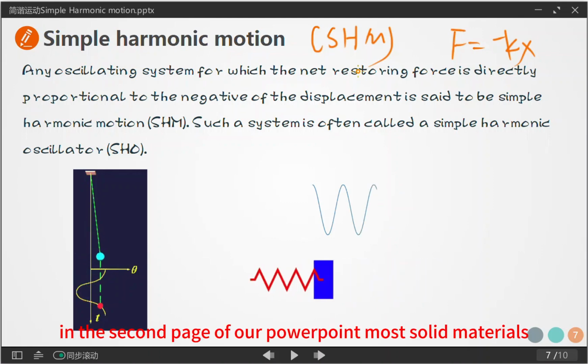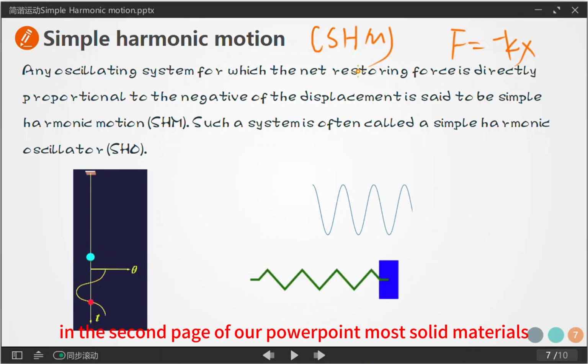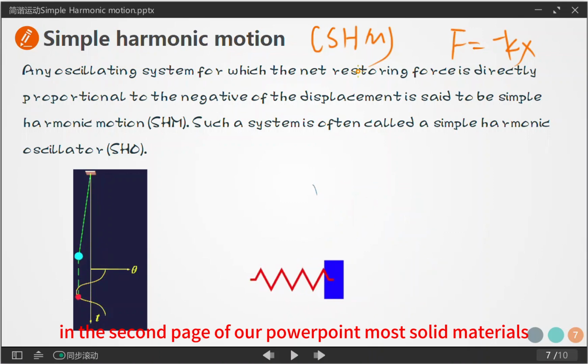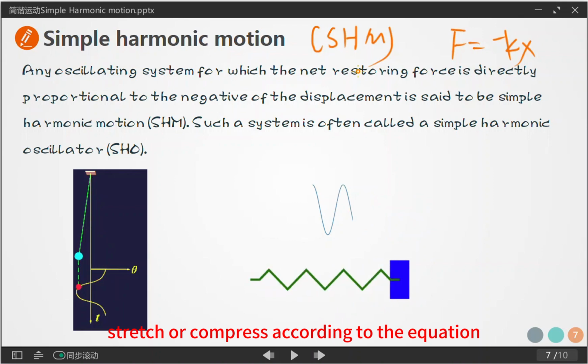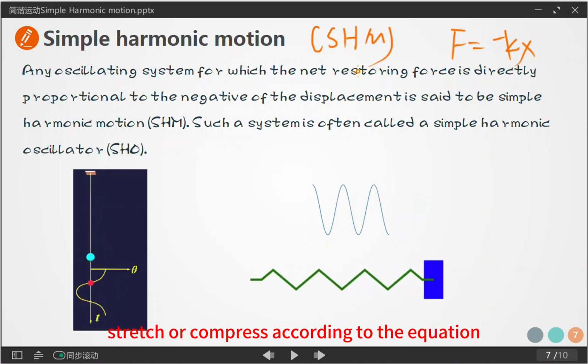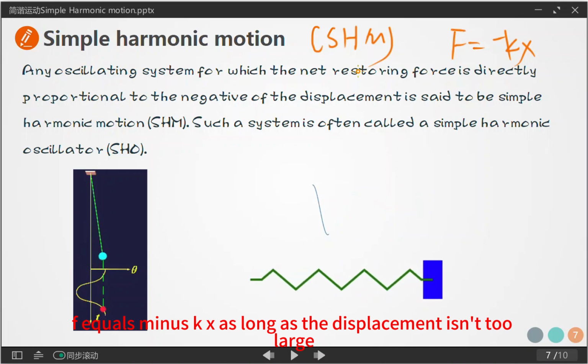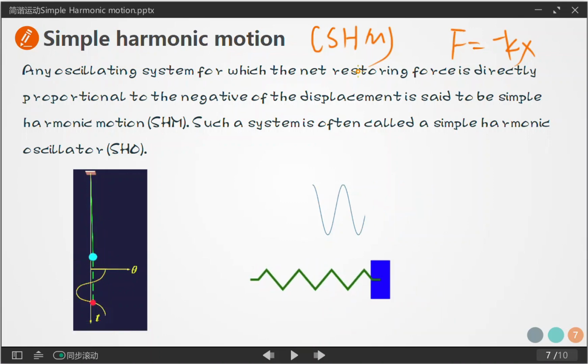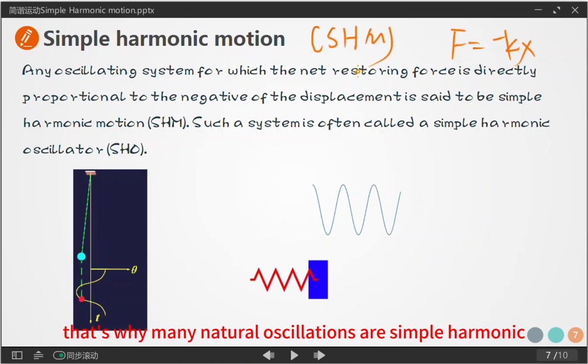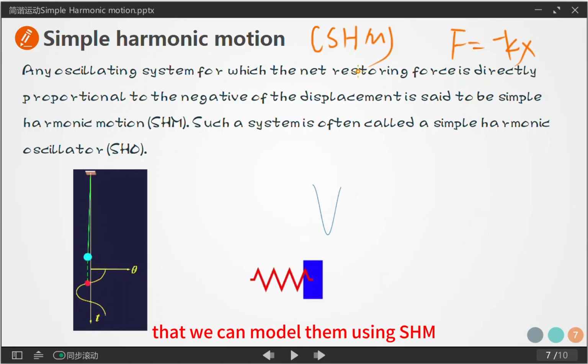As we saw on the second page of our PowerPoint, most solid materials stretch or compress according to the equation F equals minus kx, as long as the displacement isn't too large. That's why many natural oscillations are simple harmonic, or close enough that we can model them using SHM.